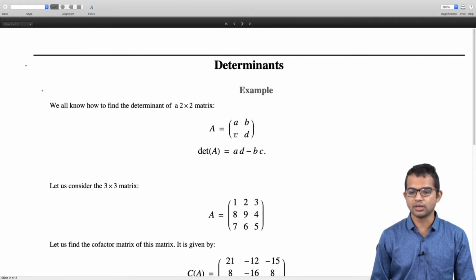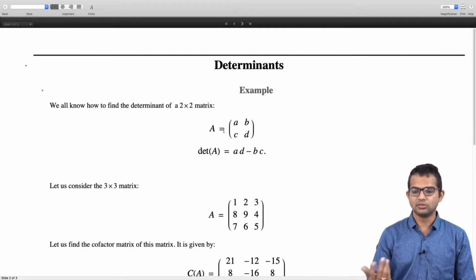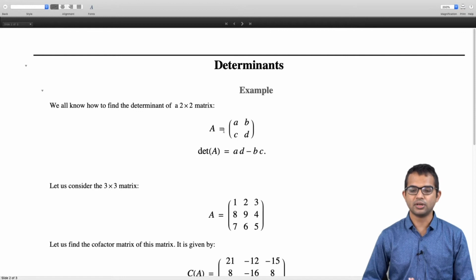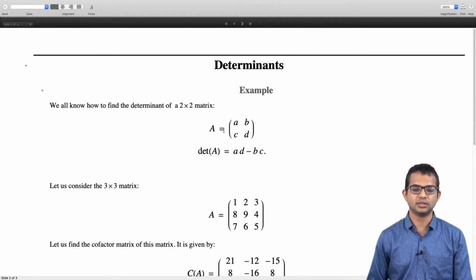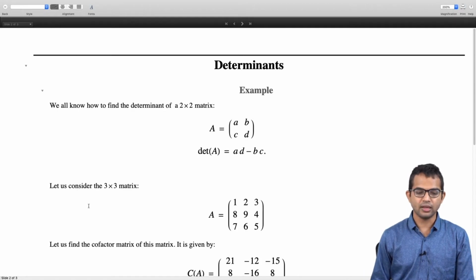A 2 by 2 matrix is A, B, C, D. The determinant of such a matrix is simply given by A times D minus B times C. If you look at a 3 by 3 matrix, the determinant can be computed in terms of determinants of other 2 by 2 matrices.